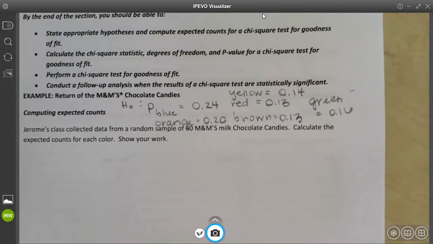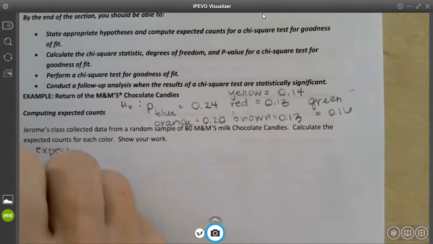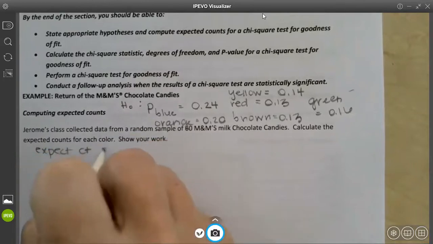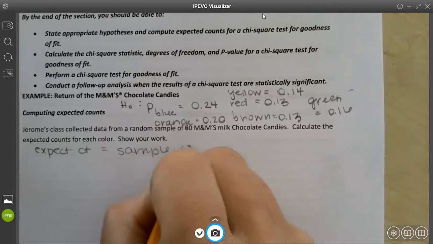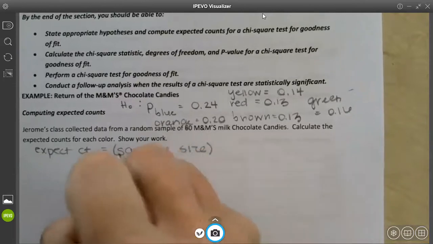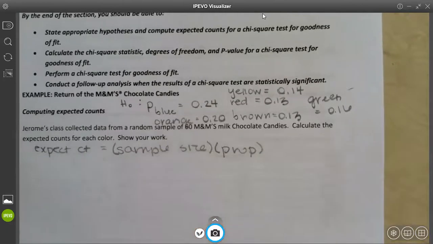So Jerome's class collected a random sample of 60 M&Ms. Calculate the expected counts for each color. So what are the expected counts? All you're going to do for expected counts is the sample size times the proportion, which is exactly what I gave you up here.